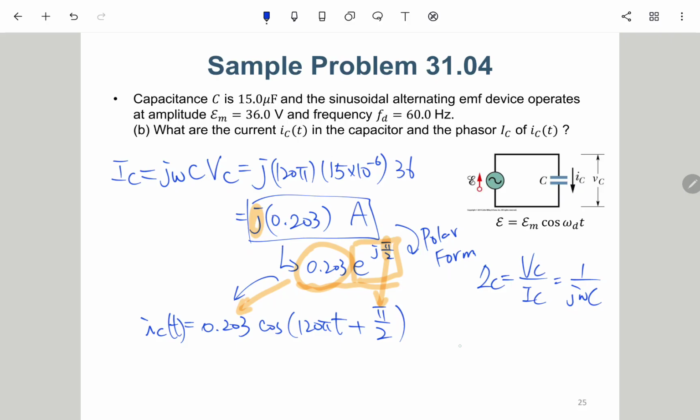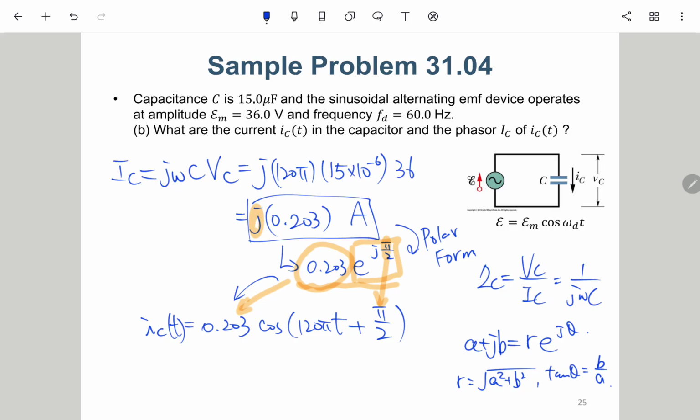Okay, so generally, if you need to convert a complex number into the polar form, it will be r exponential to j theta. So r will be square root of a squared plus b squared, and then tangent theta will be b over a.